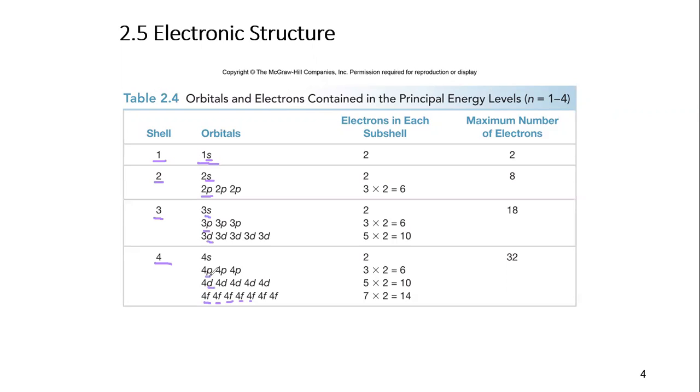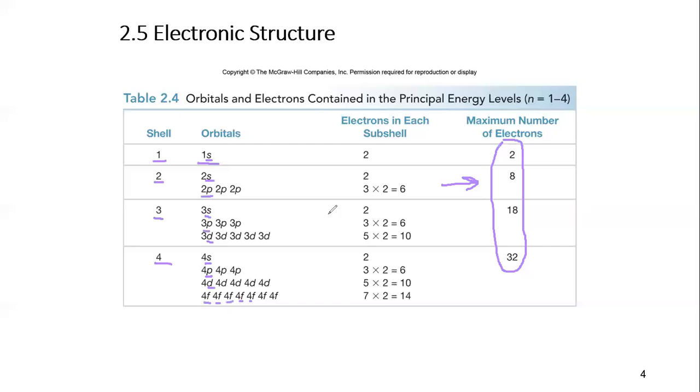So again, the energy level or shell tells you the number of different types of orbitals that energy level can have. And as you see over here, this is where we get the maximum number of electrons. So the s orbital holds 2, the p orbital holds 6. That's where we get 8 electrons for the second energy level.